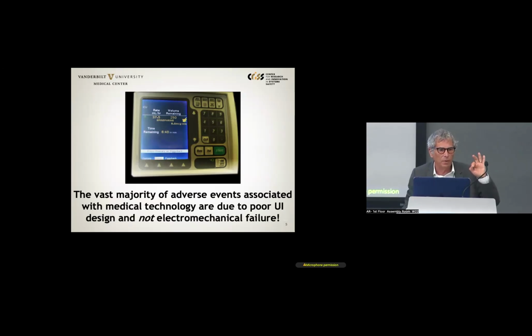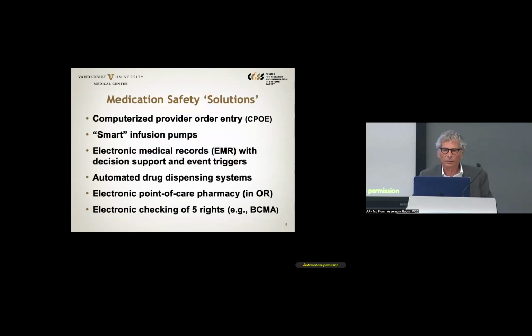So the take-home message is that the vast majority of adverse events associated with the use of medical technology is due to poor user interface design and not inherent failures of the technology, software and hardware. Now, later today, you're going to hear about lots of solutions to our medication safety problem.